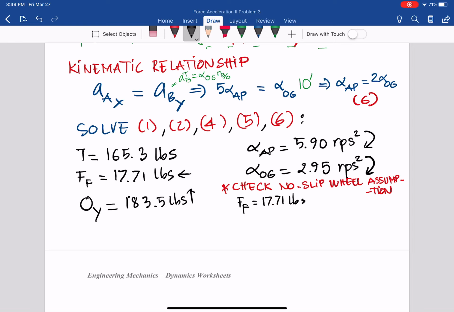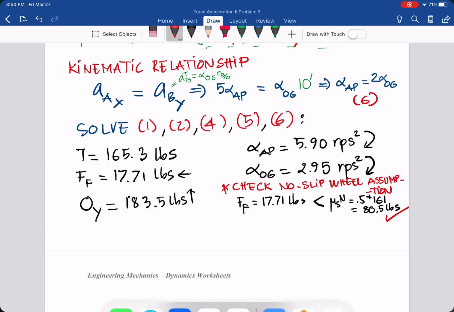Let's see mu sub S N: 0.5 times 161 equals 80.5 pounds. And 17.71 is for sure less than that. So the assumption is good. No slip wheel. Good.